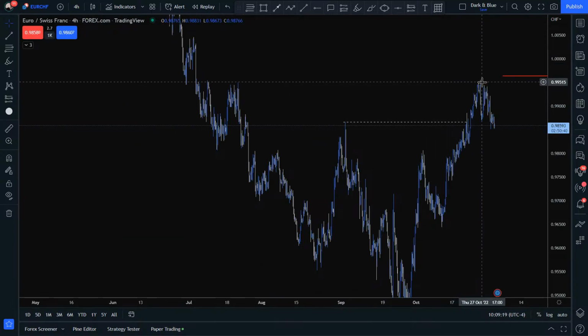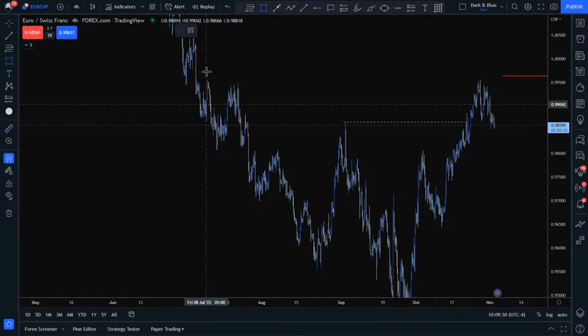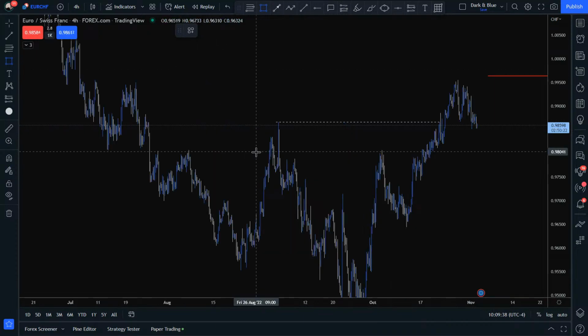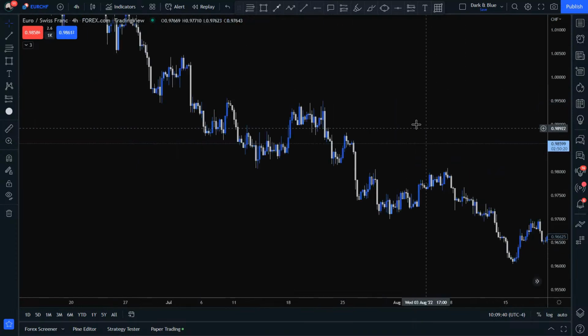But what is it responding to? This supply here. There is supply here, and we are creating a pool of buy side liquidity. You can see it. Let me try and make this thing here.